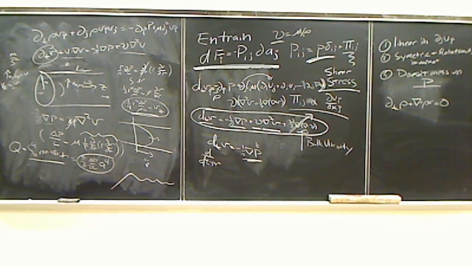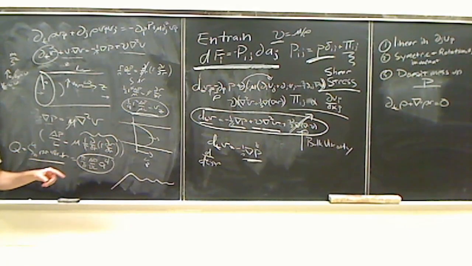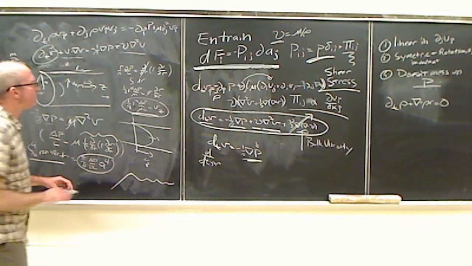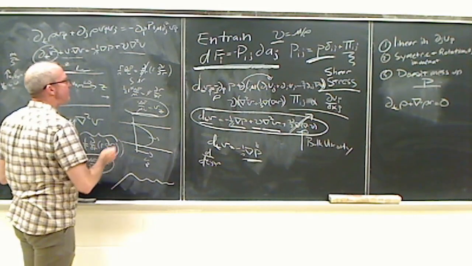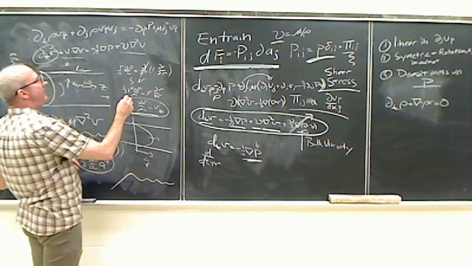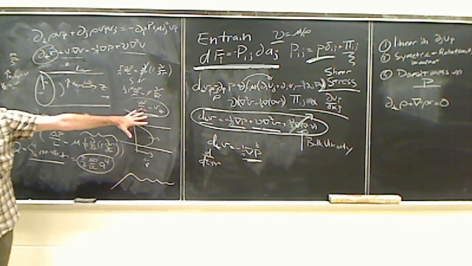Logically, if you plug in 0 for r, you get 0 velocity. So should that be like r minus a or something? Oh, yeah. I wrote that down wrong. Good eyes. This is what I get for going through the calculus fast. I went through this calculus too fast and messed up the boundary conditions.